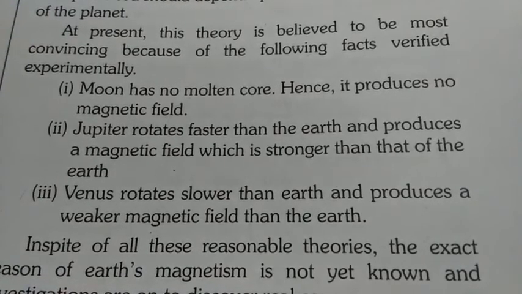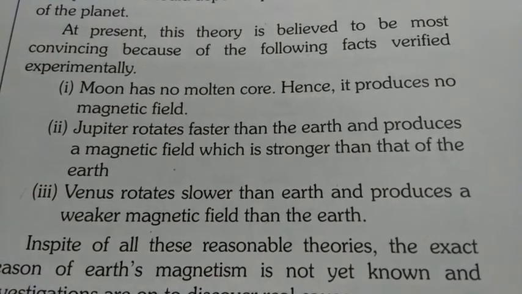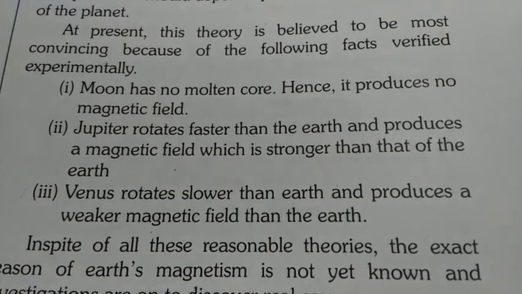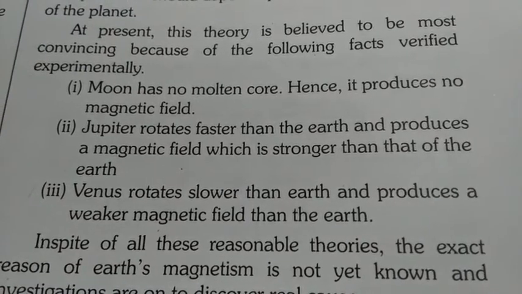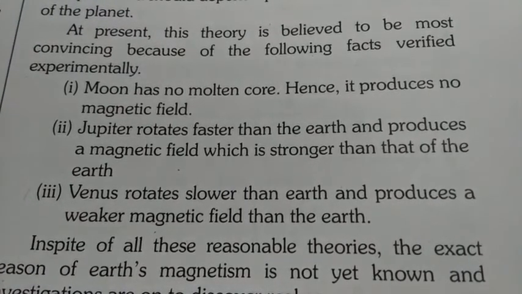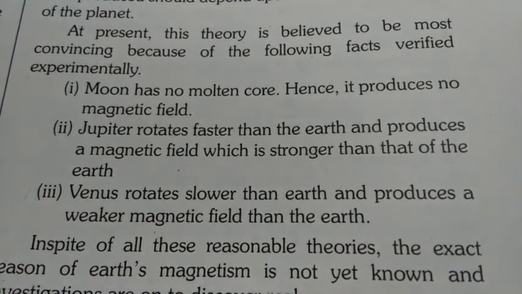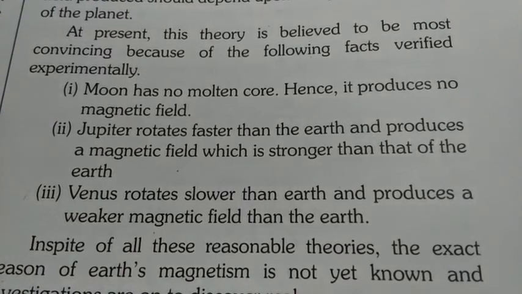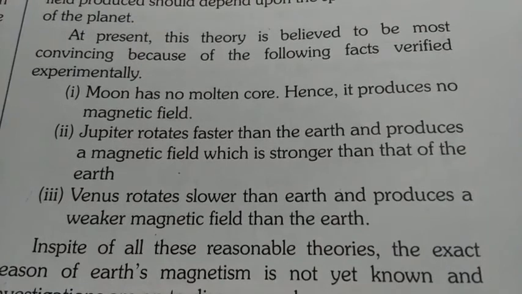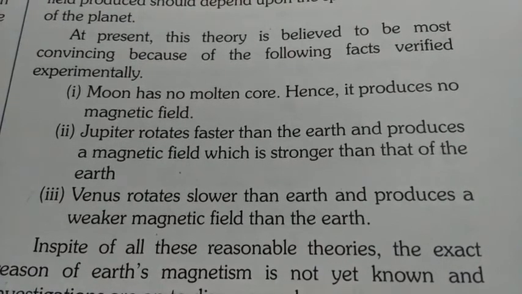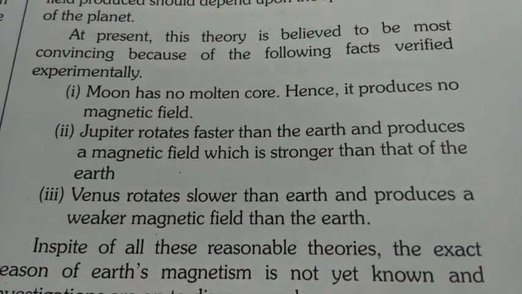Third, Venus rotates slower than the Earth and produces a weaker magnetic field than the Earth. That means those planets which are having core and they are moving, they are producing magnetic field. So it suggests that in Earth also magnetic field is there because of the molten metals in core.